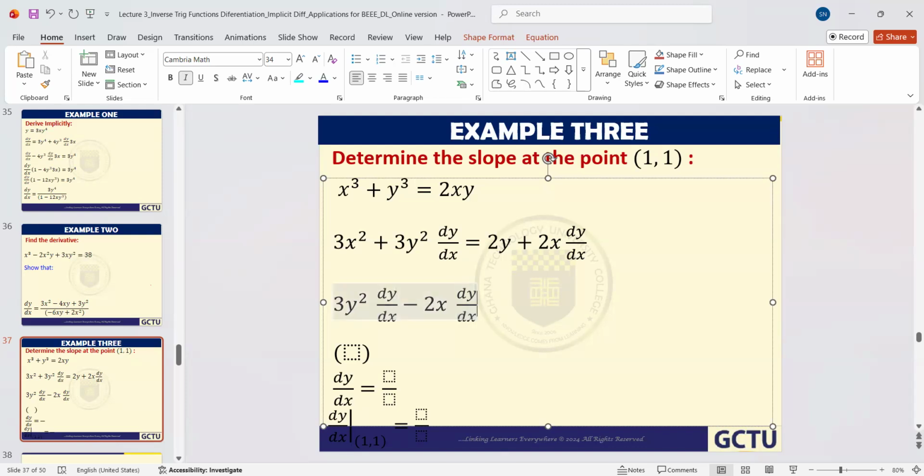Then on the right-hand side, I'll be left with 2y, and then I take 3x squared there, minus 3x raised to the power 2.